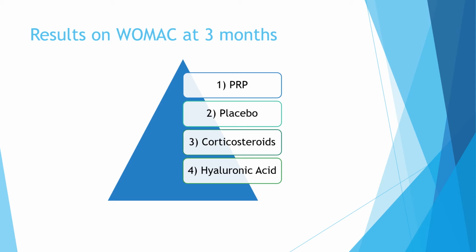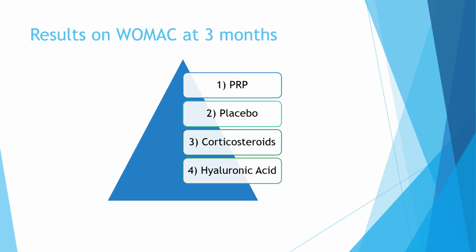All right, so once again, we're looking at 30 randomized controlled trials, almost 3,500 patients in the meta-analysis here. So let's take a look at the WOMAC scores at the 3 months. So 3-month outcomes for these knee injections of three treatments plus a placebo injection.